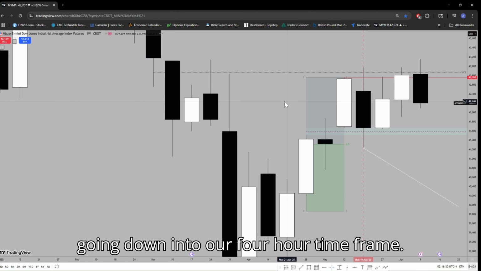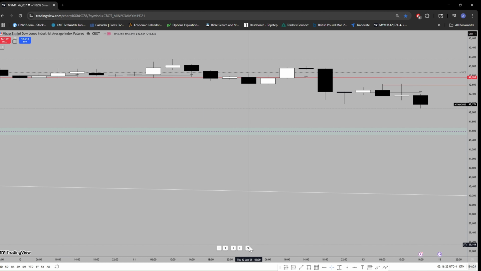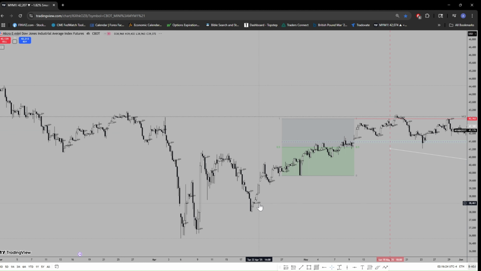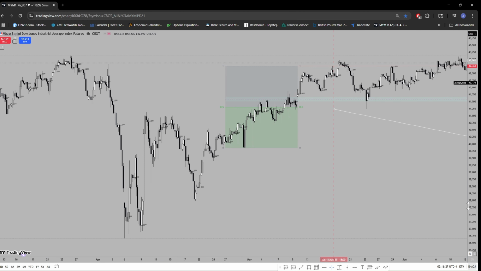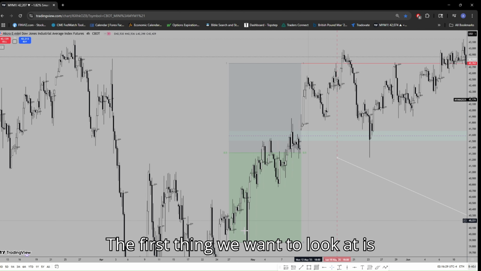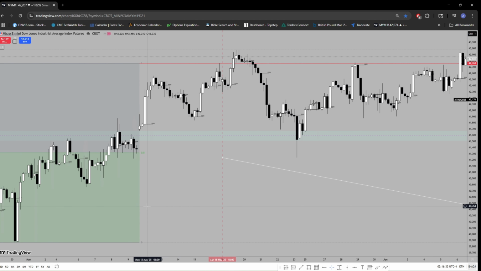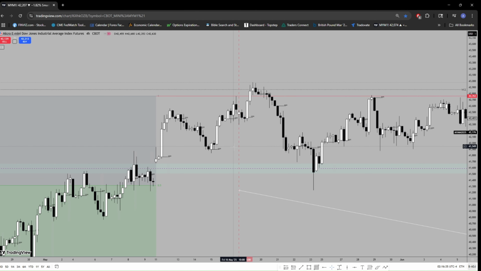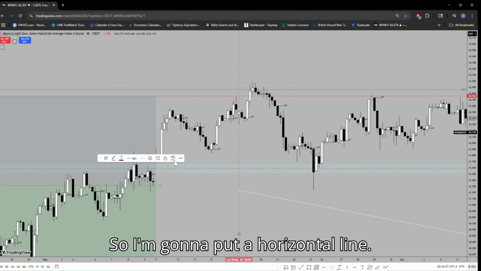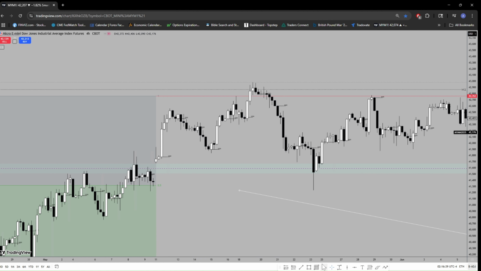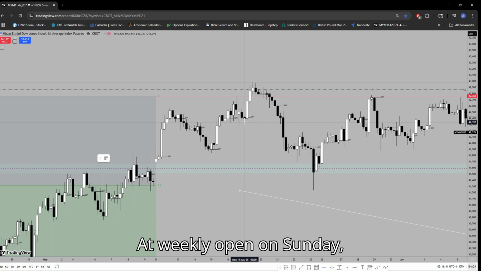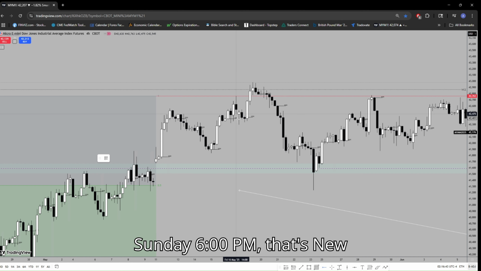Going down into our 4-hour time frame, the first thing we want to look at is where do we open for the week. So I'm going to put a horizontal line at the weekly open on Sunday 6 p.m. That's New York time.